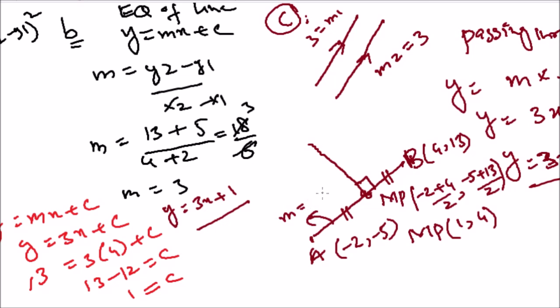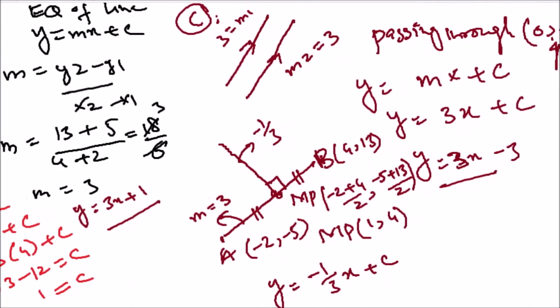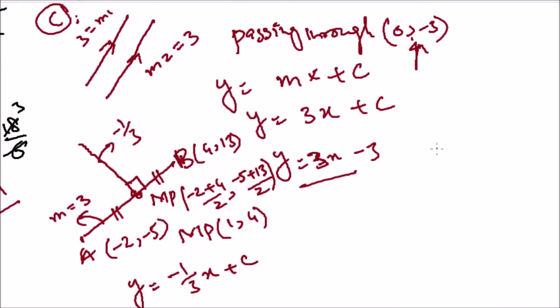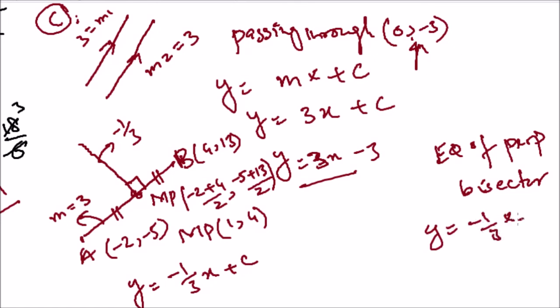Now the gradient of this line is 3. So the gradient of the perpendicular bisector becomes minus 1 upon 3. So the equation becomes y is equal to minus 1 upon 3 x plus c. To find c, what do we do here? We input the midpoint. What's the midpoint? 1 and 4.